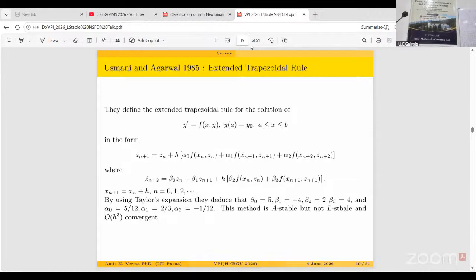So by this trick, they bypass the statement of Dahlquist, and the Dahlquist result is no longer applicable. They have shown that this method is of higher order of convergence than the trapezoidal rule, and it is A-stable, but it was not L-stable.